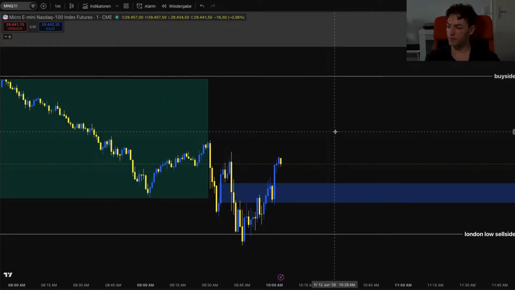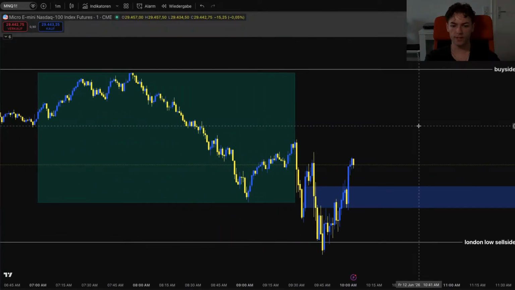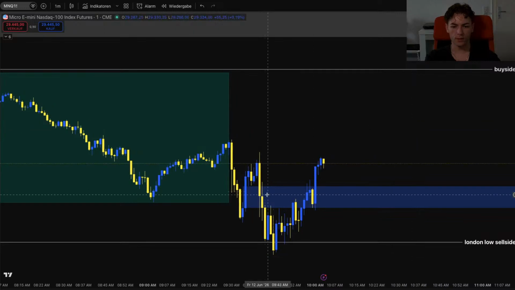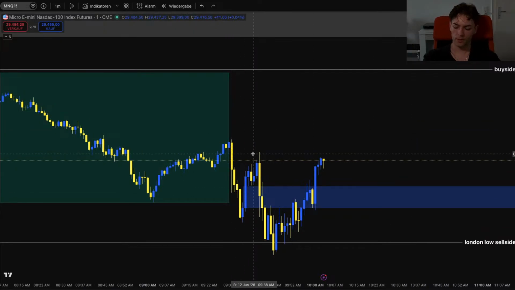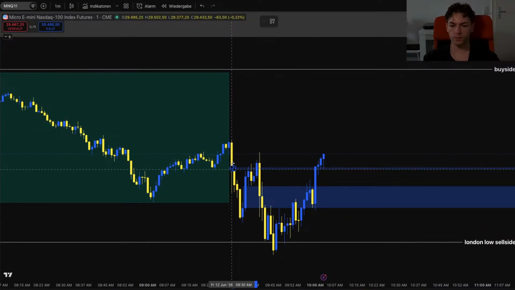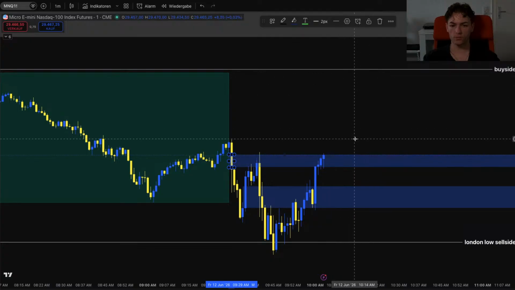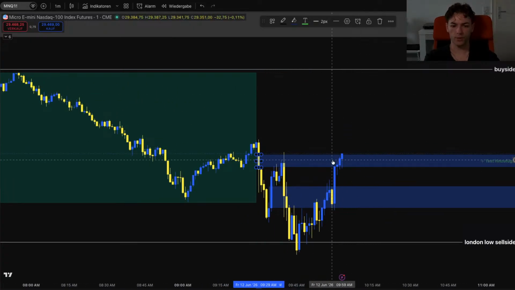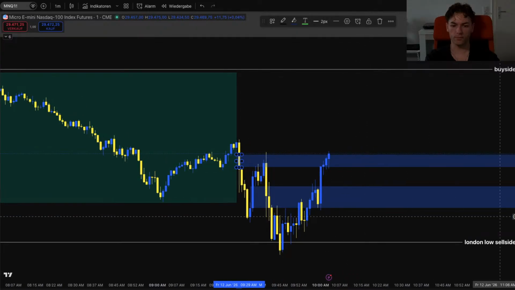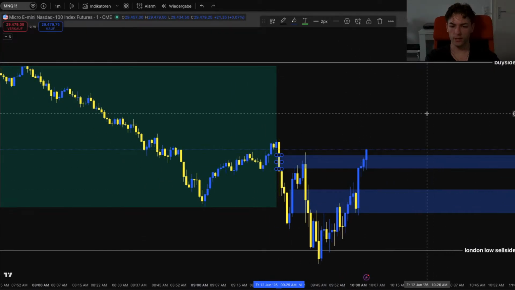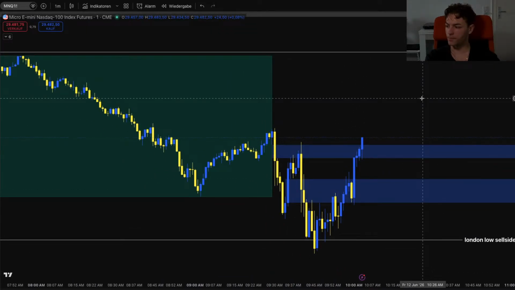Pre-market highs. This is the point of interest for me in today's New York session. We see the first percent fair value gap. This is also beautiful. In order for us to go higher, we need to inverse it, so trade above it and close above it. That would indicate further bullishness to the upside.